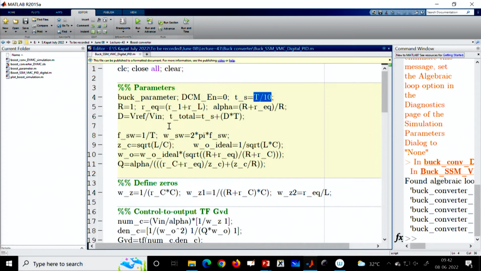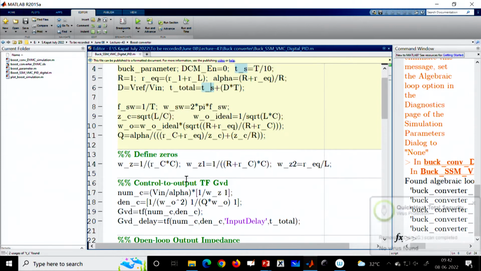Here we have the total delay, Ts plus Dt, that is the dPWM delay plus the ADC delay. We discussed in our earlier NPTEL course how to design a voltage mode controller using stable pole zero cancellation, so we are following the same method.